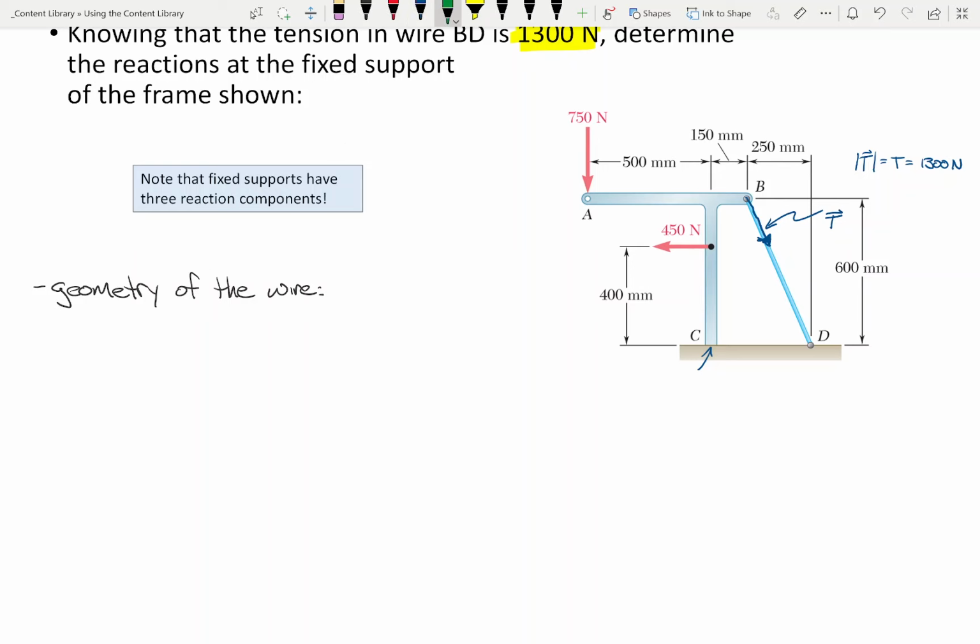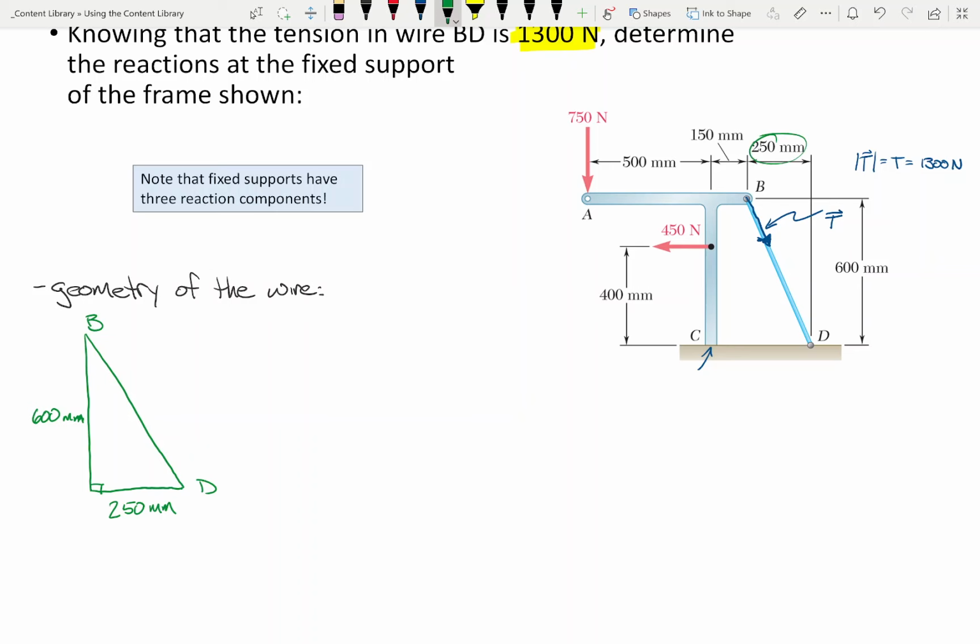So what I'm going to do here is look at the wire. We'll call this point B, call this point D. I have here on the schematic, this is 600 millimeters, not 600 meters, it'd be very long. And this is 250 millimeters.